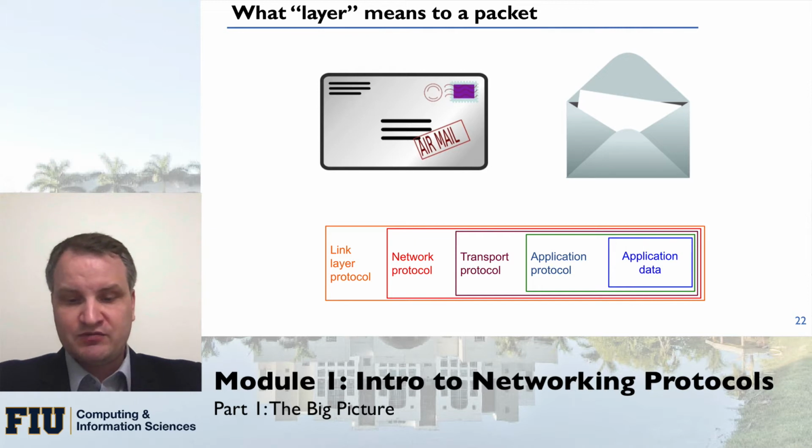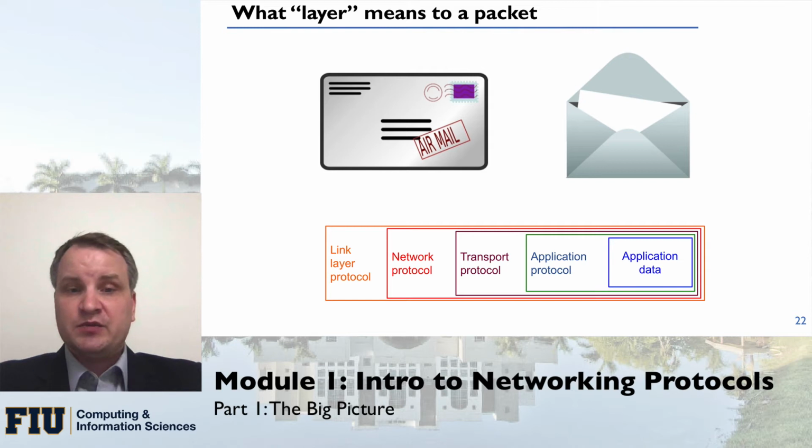So that's one outer envelope. If you consider the big envelope, this would be the actual envelope and the address written on the envelope, like it needs to be delivered to FIU somewhere, to myself at FIU.